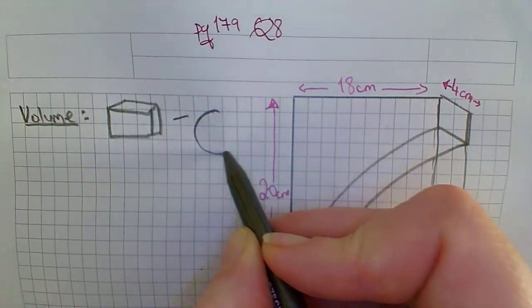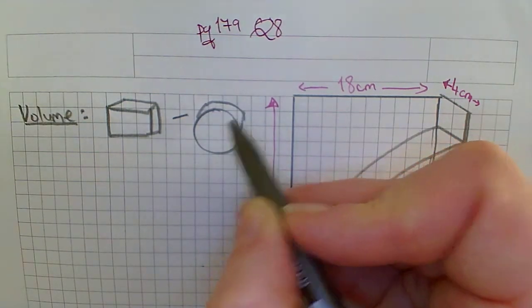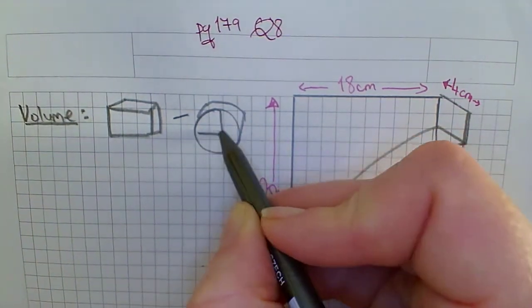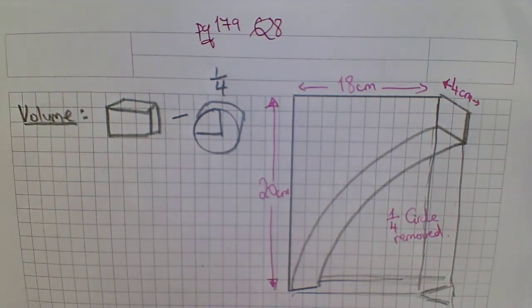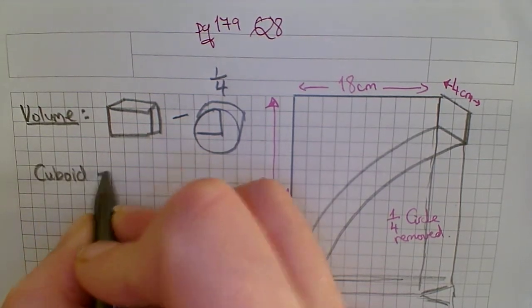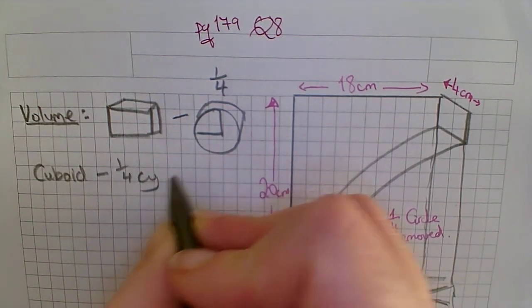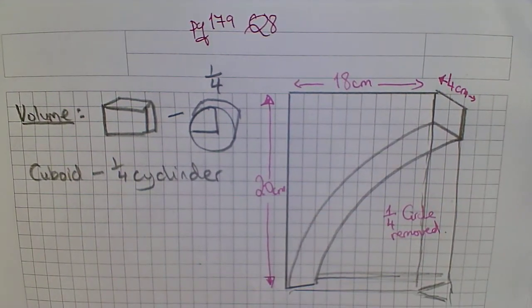So I'm going to have a cylinder like this, and I only want to find the volume of a quarter of it. So the volume of this weird looking arc shape here will be a cuboid minus a quarter cylinder. And we have formulas for those, and we can work out exactly what they are.